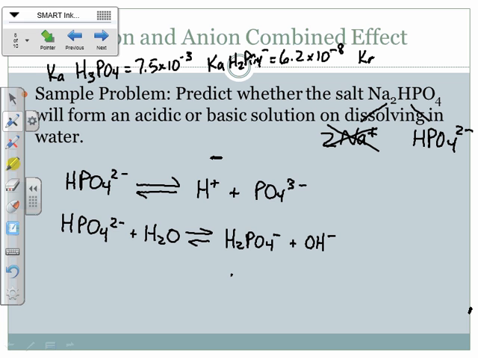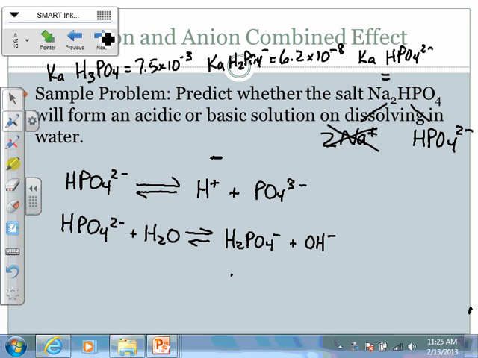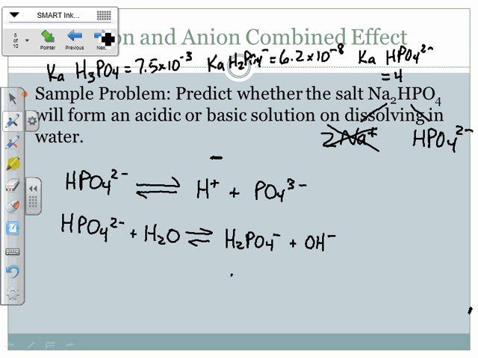And the Ka for HPO4 2- is equal to 4.2 times 10 to the negative 13th. Okay, so there's all of our Kas.